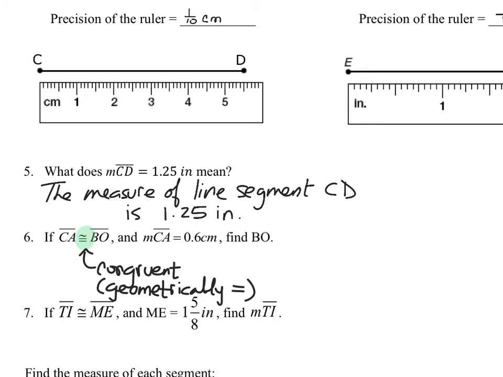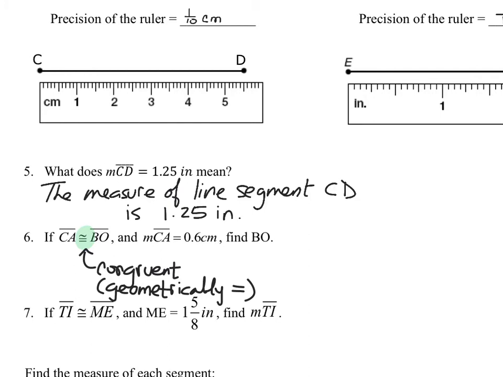It seems like splitting hairs, but without that little M in front of a segment, we can't say that the segments are equal to one another, because equality only deals with numerical measures. Congruence deals with being the same without accounting for numerical values.